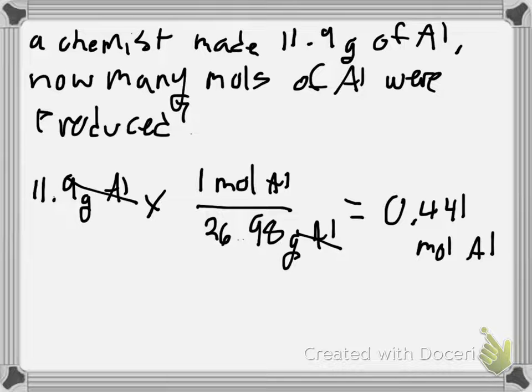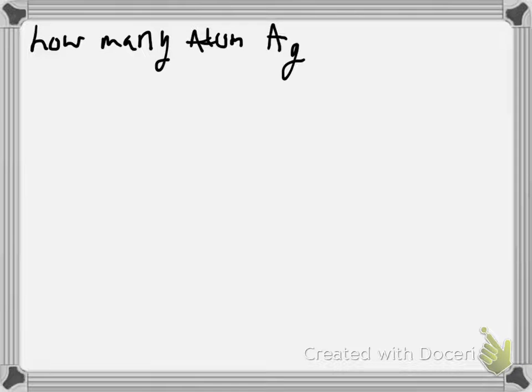Okay, let's try one of these, but for number of particles. Okay, how many atoms of silver, which is written Ag, are in 3.01 times 10 to the 23rd.